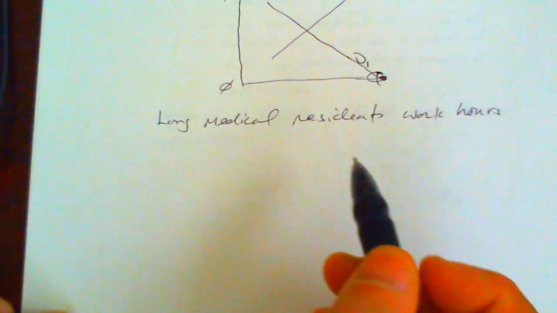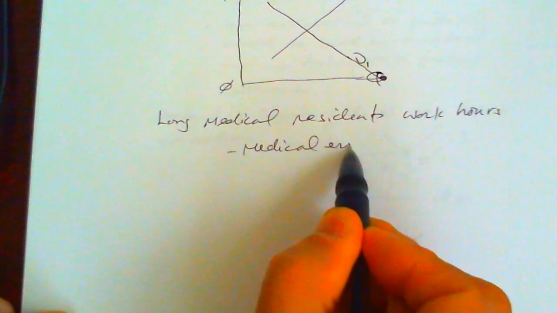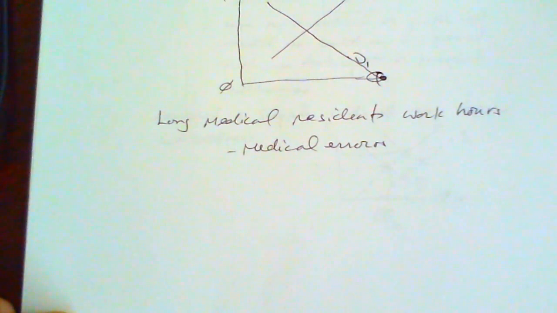They are tired, exhausted, and it leads to medical errors. And so you say, can I maybe build some model that will capture the impact of long hours worked by medical residents, and the possibility of medical errors, on, let's say, patient care.